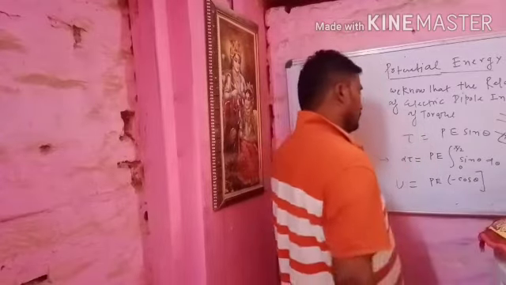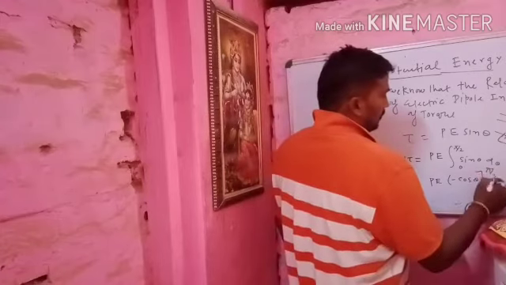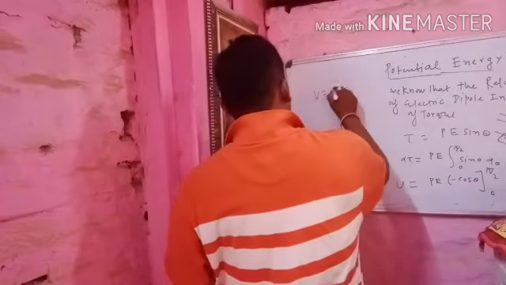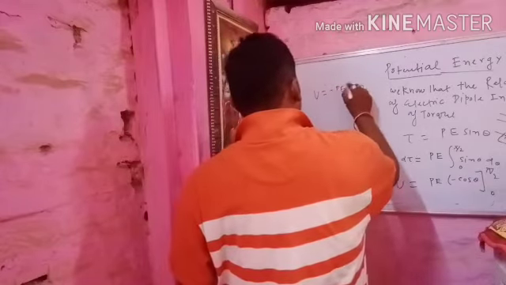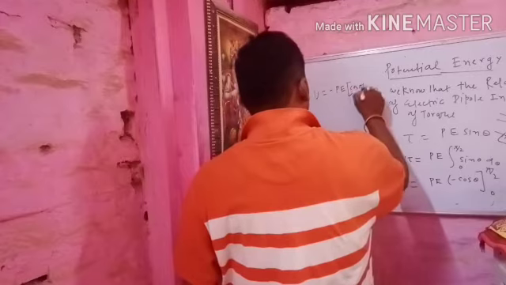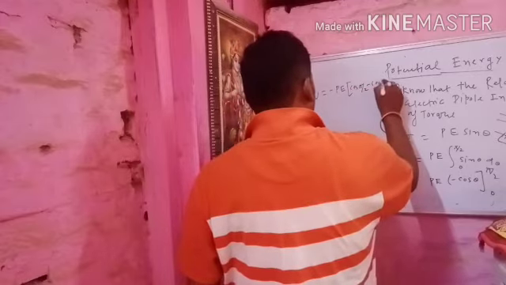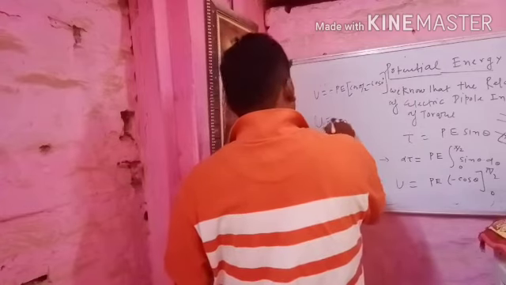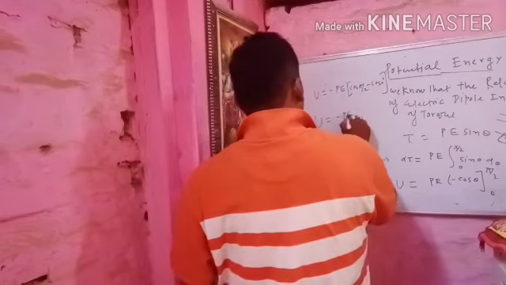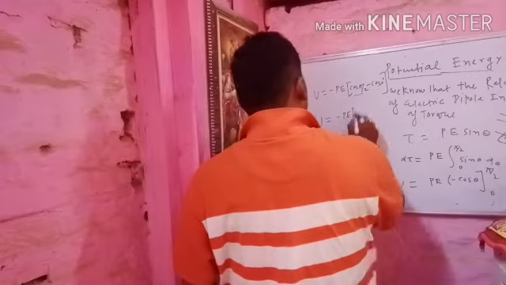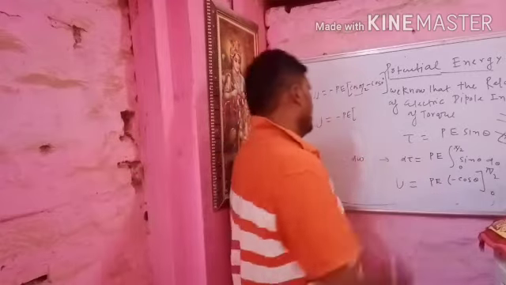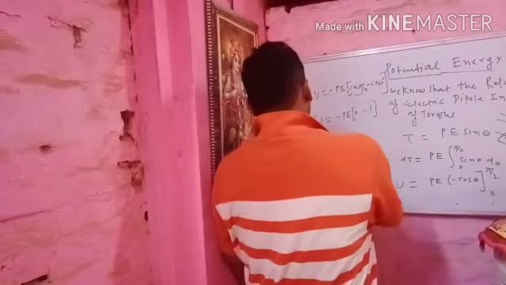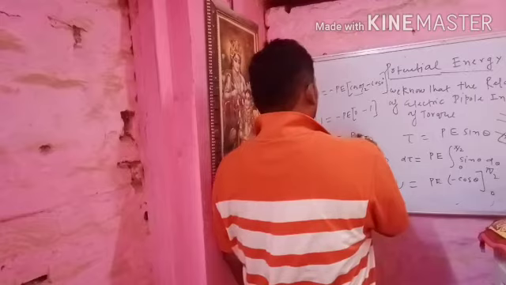We take the limits pi by 2 and 0, then U is equal to minus pE times cos pi by 2 minus cos 0. Then U is equal to minus p, because cos 90 is equal to 0 and cos 0 is equal to 1. Then our component is U is equal to pE.